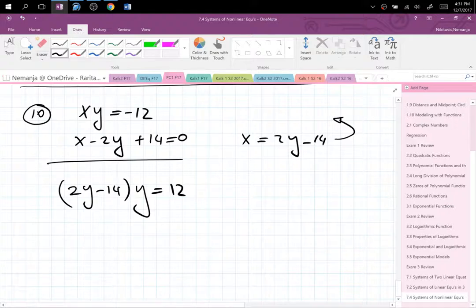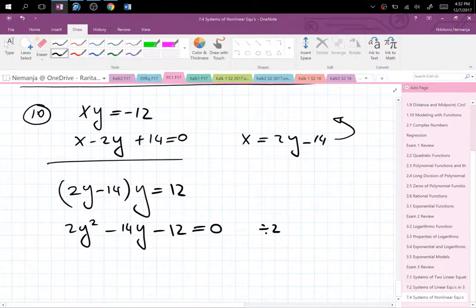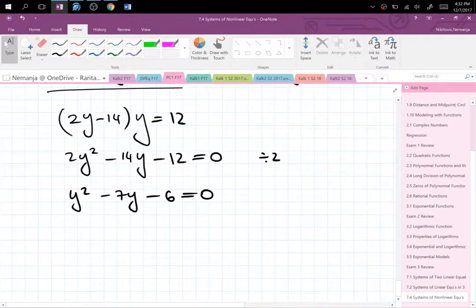So that's our equation 1, where x is replaced by 2y minus 14. Distribute to get 2y squared minus 14y minus 12 equal to 0. Divide the entire equation by 2, because all of the numbers are divisible by 2. Obtain y squared minus 7y minus 6 equals 0.